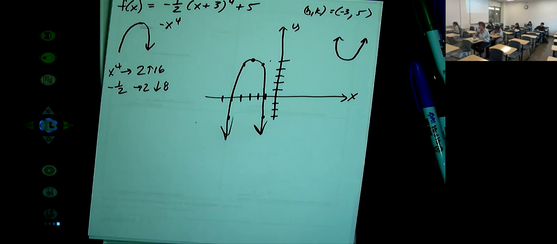Here we're sketching the graph. We're not going for 100% accuracy. If we want accuracy, we're not going to have you do it by hand. You're going to do it on a computer, right?